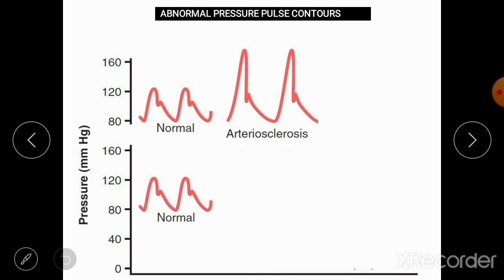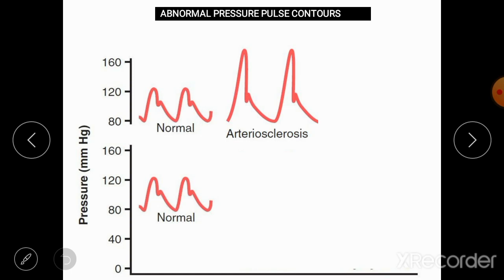So, normally the pressure, which should have been 120 millimeter mercury, is now raised to 160 millimeter mercury in a stiffened atherosclerotic aorta. While there is not much change in the diastolic blood pressure, because I told you that the diastolic blood pressure only depends upon the peripheral resistance.